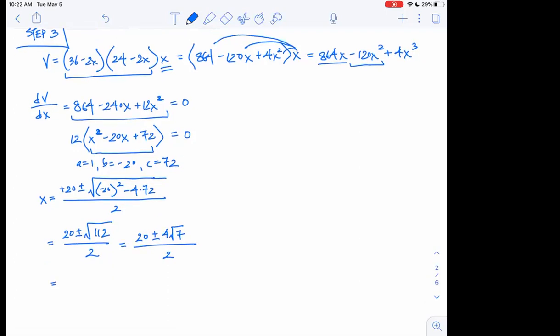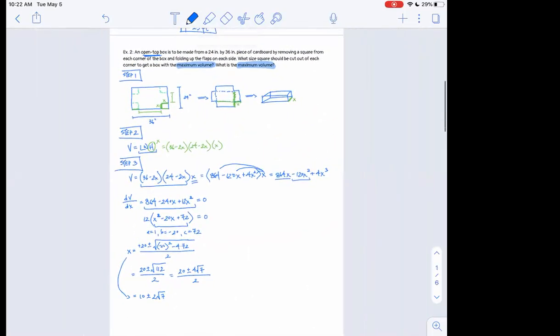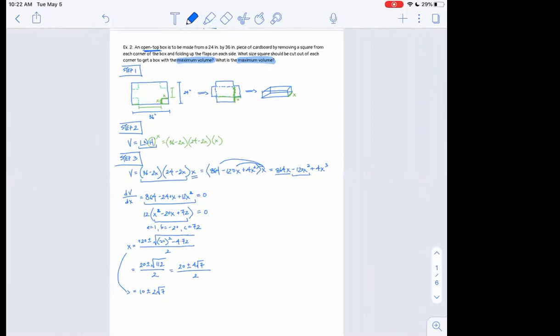And then I could say that x is either 10 plus or minus 2 root 7. All right, so I've got two options here: 10 plus 2 root 7 or 10 minus 2 root 7. Those are two possible points for a maximum of this volume equation.